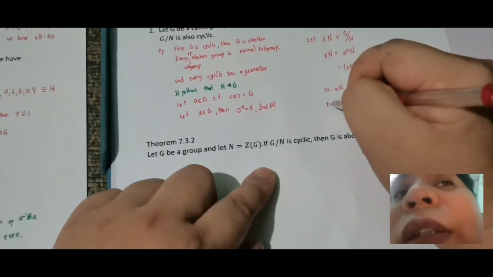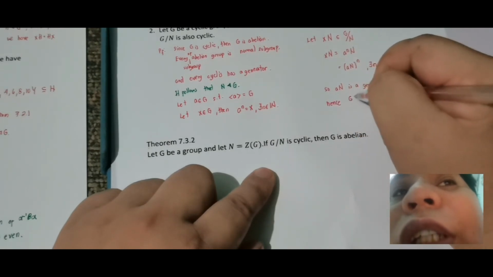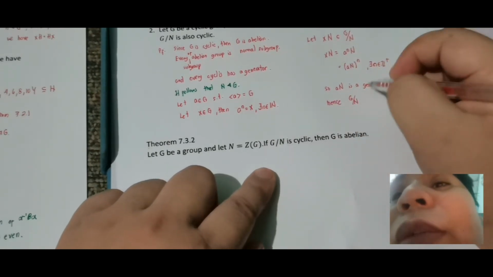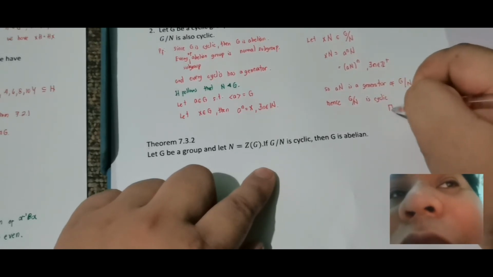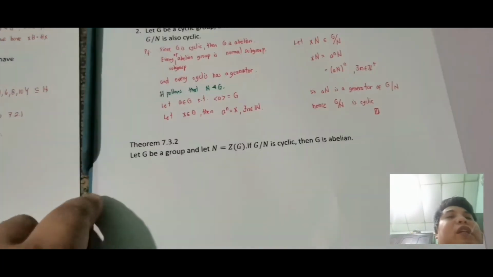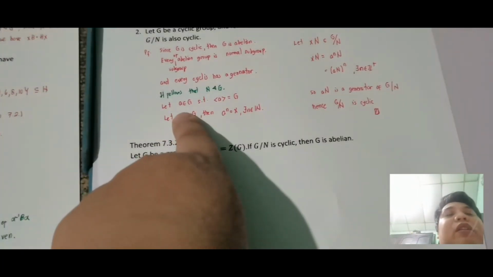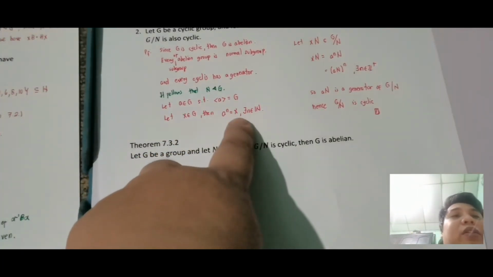Okay, so hence, G over N or the factor group G by N is cyclic since meron siyang generator. So this is done. Okay, so sir, paano siya nasabing generator? Kasi A raised to N is equal to X, napuntahan niya yun.